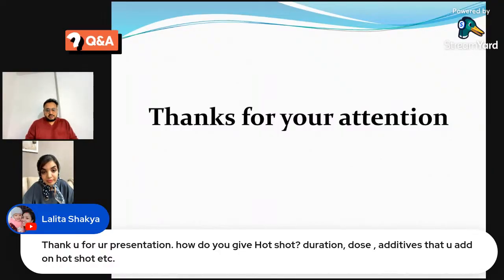We have one more question: how do you give hot shot, its duration, dose, and additives? To calculate the dose, the range of hot shot is 5 to 10 milliliters per kilogram.